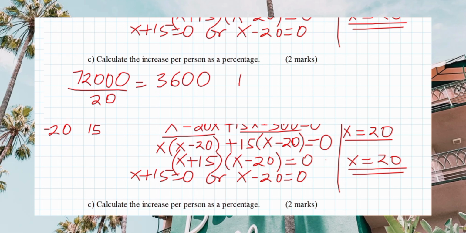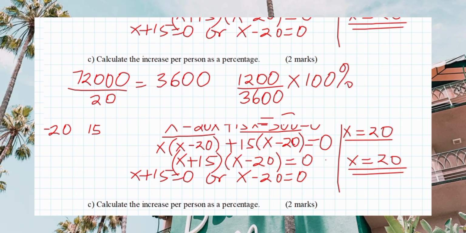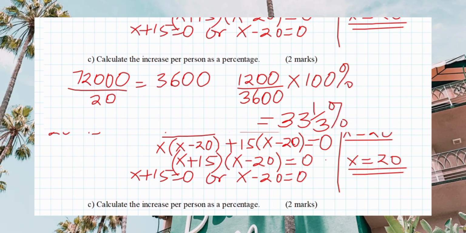So we take 1,200 divided by 3,600, and then multiply by 100%. When you work this out, you get 33 and a third percent. So 33 and a third percent is our percentage increase per person.